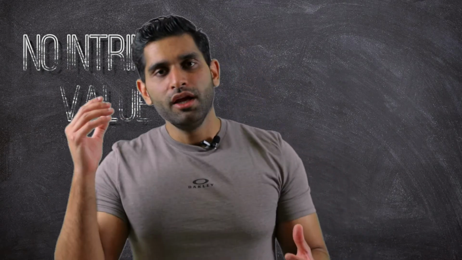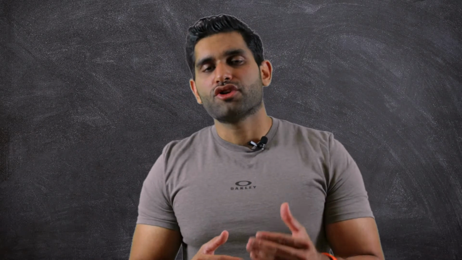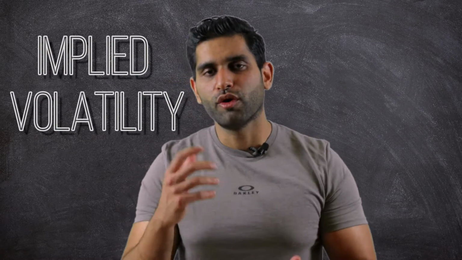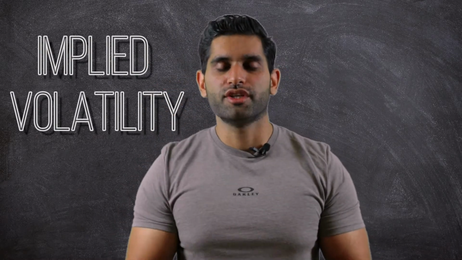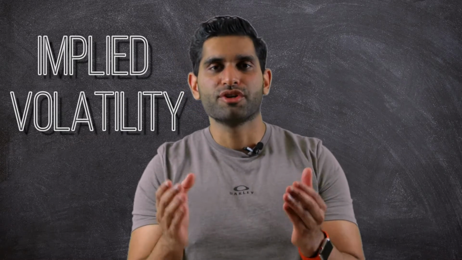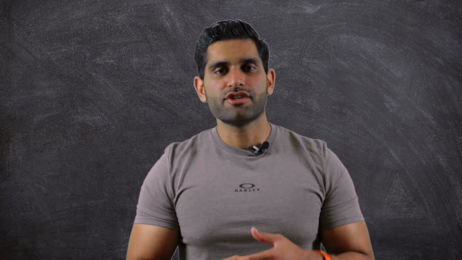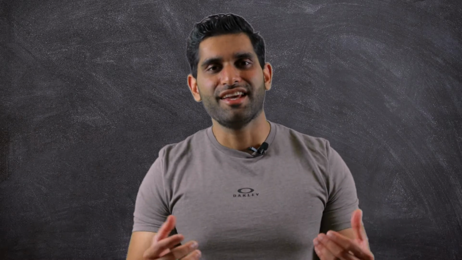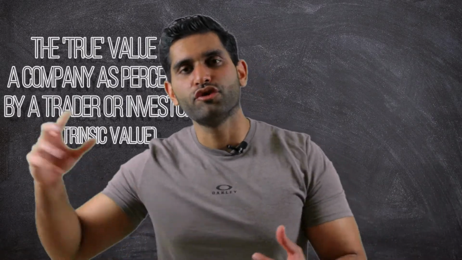That's extrinsic value because you're speculating. People who buy this option contract from you give it an extrinsic value based on implied volatility. Implied volatility is another term I'm introducing here because it's very important to understand the value of an option contract. It essentially means what the market is pricing in terms of a future move.